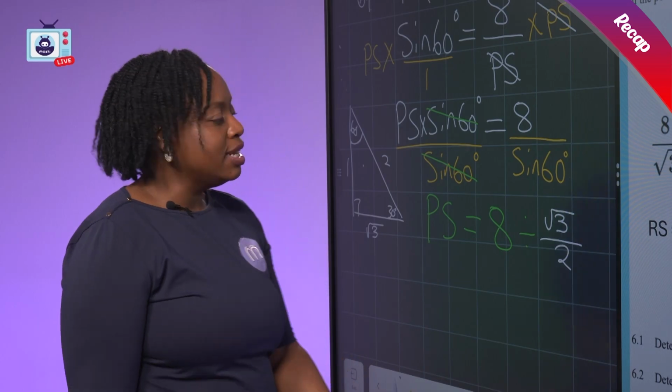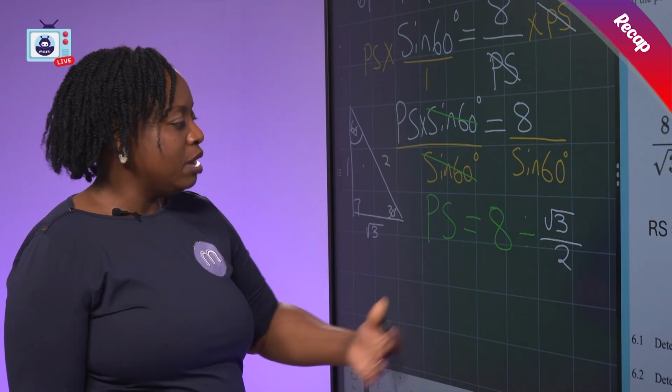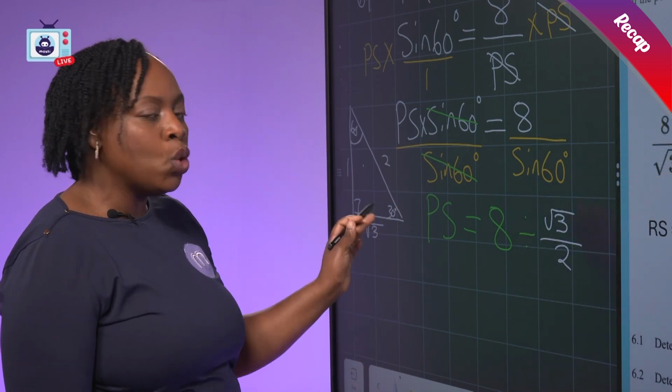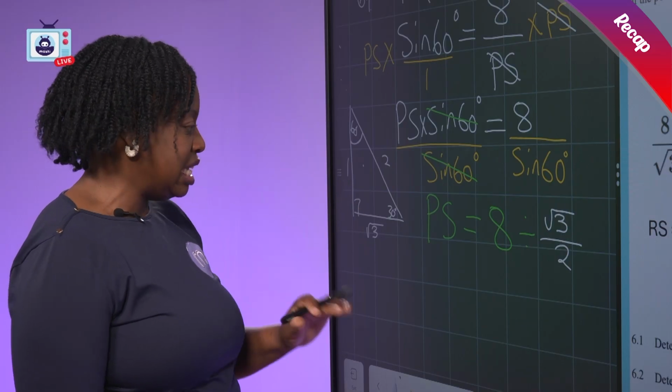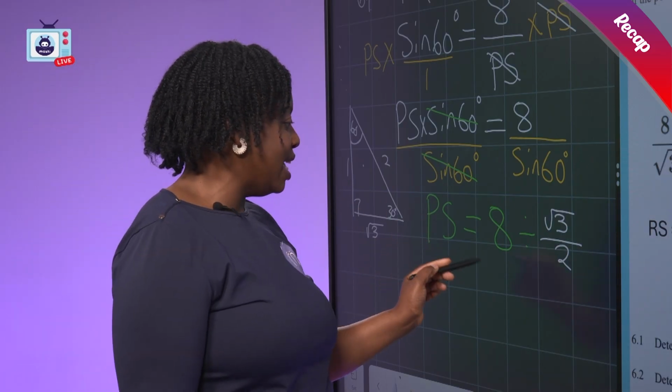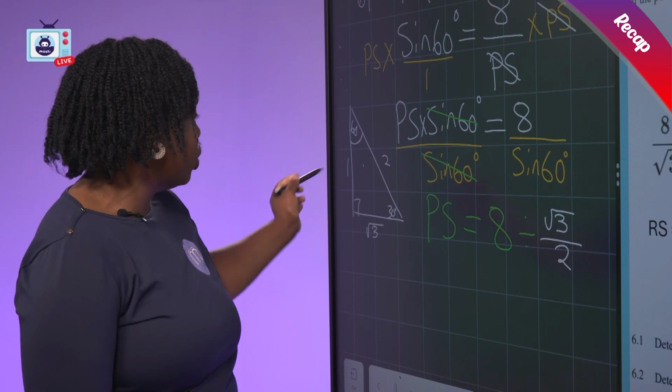But some calculators would have rationalized this and made it different, so you have 2 root 3 over 3. That is how it does the rationalization. But this is how you're going to get it.